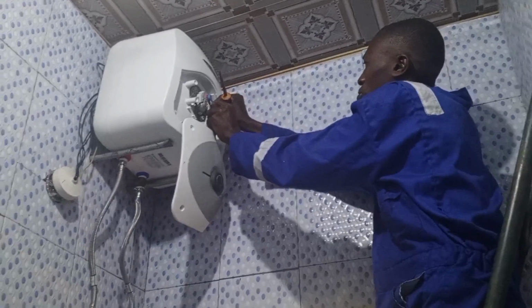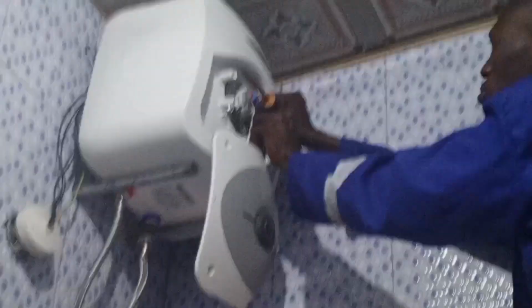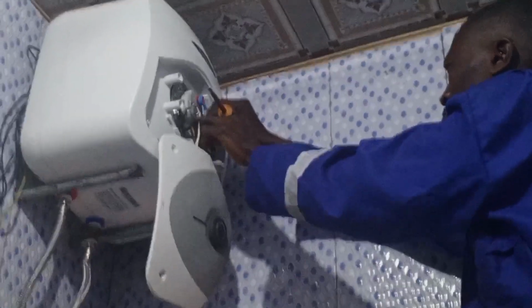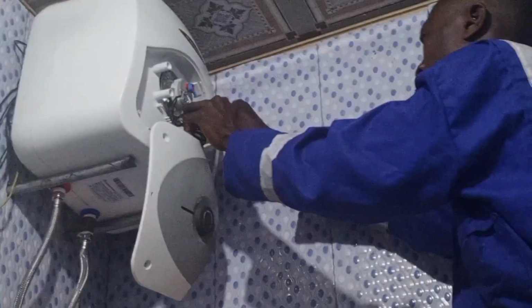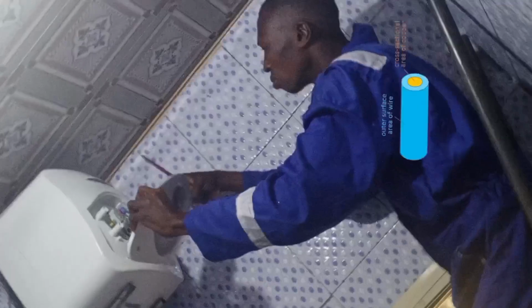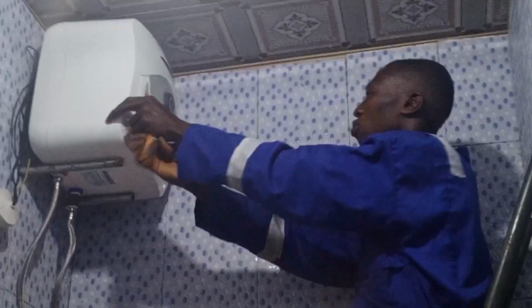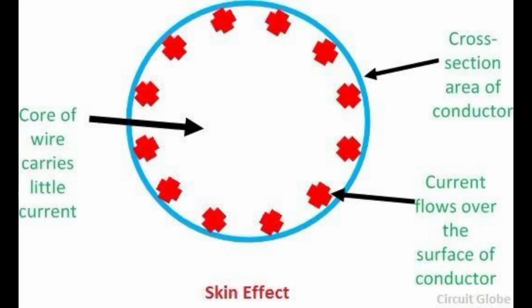And in connecting this, you have to use the right size of cable. Why do I say right size of cable? If current is passing through an electrical cable, the cross-sectional area has to be big to accommodate that amount of current. Now, due to skin effect, current tends to flow close to the surface of the wire.